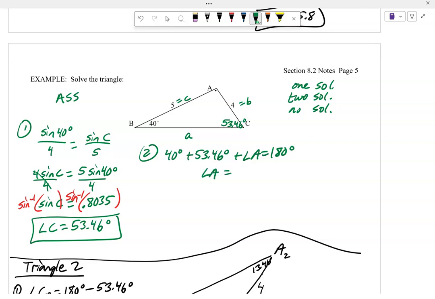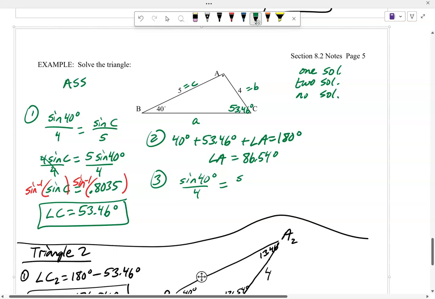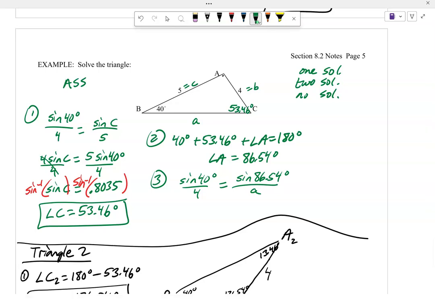So angle A would have to be 86.54 degrees. And now I can set up my law of sines. So I have sine of 40 degrees over 4 equals sine of 86.54 over A, and then A ends up being 6.21.